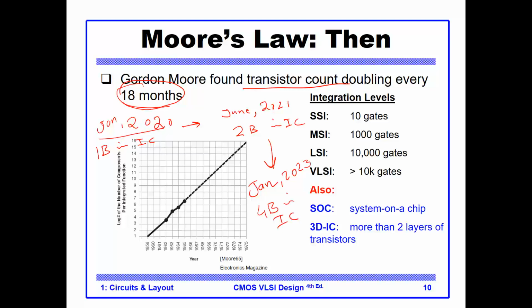Again, why? Because every 1.5 years, I can double the number of transistors. That's why you can see this exponential growth here. Somebody who says this is linear, I say no. Pay attention here to the y-axis. It is scaled logarithmically. So that's why this line is linear.